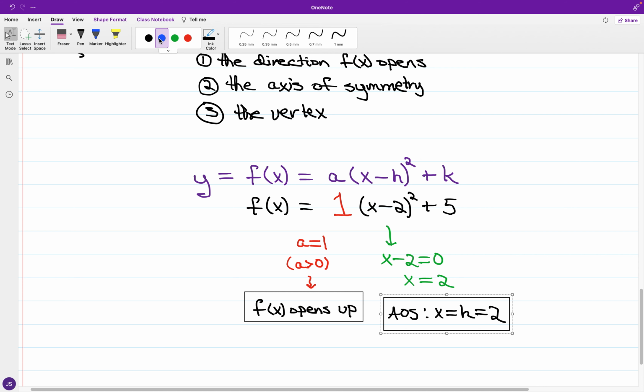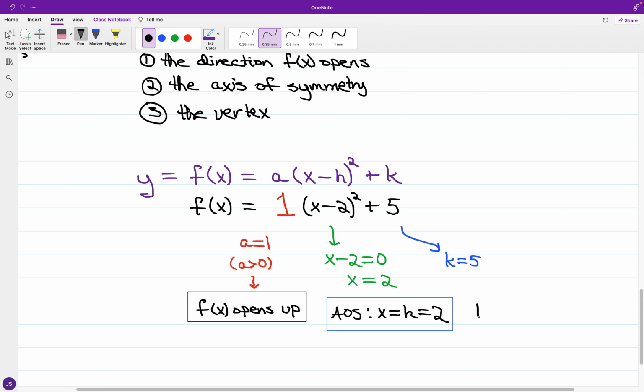And for what we have in terms of the k value, the value of k is going to be the constant that is lagging at the end. So we have plus k, and in this case we have plus 5. So k is equal to 5. And so in the case of the vertex, you have h and k.